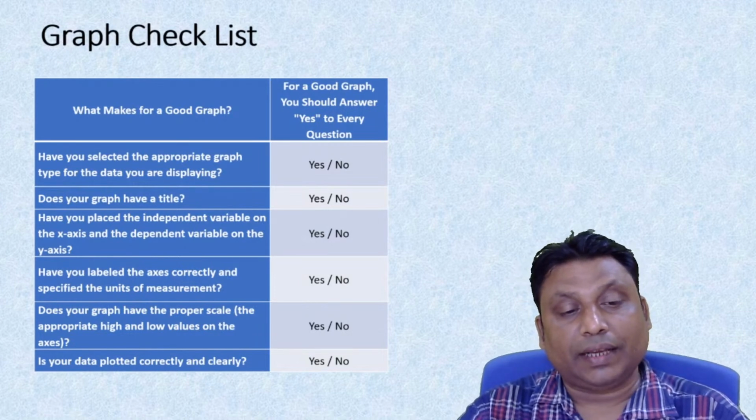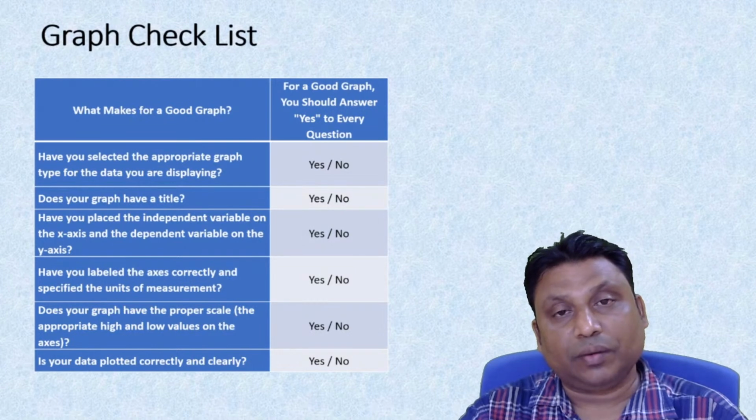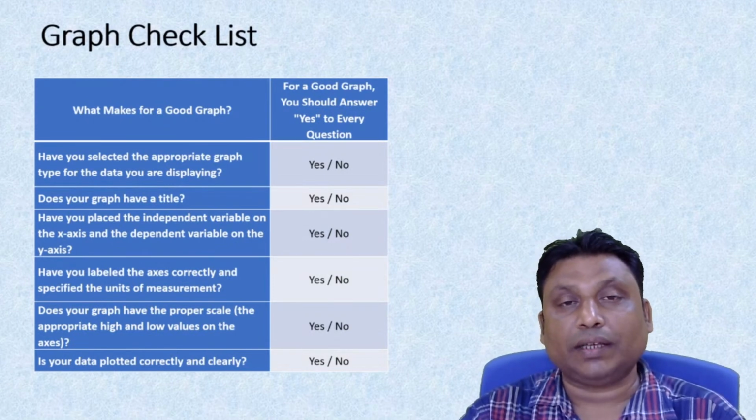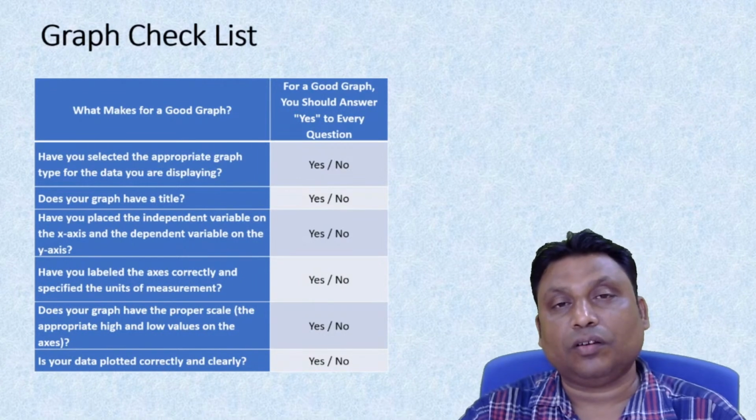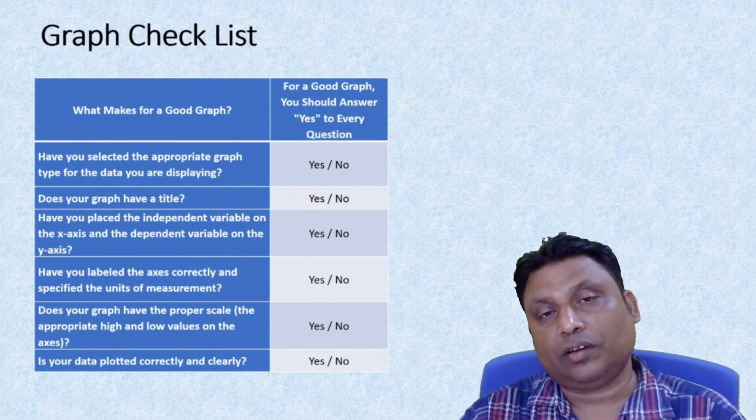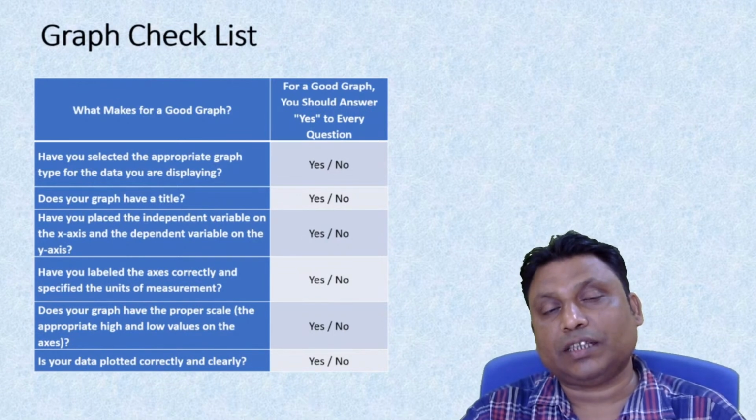Have you labeled the axes correctly and specified the unit of measurement? The labels of the graph are the axes. Are they correct or not? Suppose sometimes you take x-axis as y-axis and y-axis as x-axis. Then it is wrong. Your interpretation may be right, but your initial concept is wrong, because as per the graphical method, y is always the dependent variable and x is the independent variable.